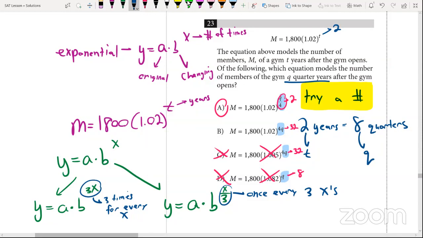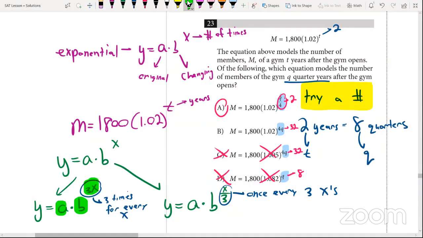So for instance, if I had a situation where the amount of money that I make is going to increase by 20% 3 times a year, then I'm going to want 3x in the exponent. So I have my original amount of money, and it's going to increase by 20% 3 times per year. So now just imagine I put the number 1 in for X. If I go by 1 year, it's going to happen 3 times.